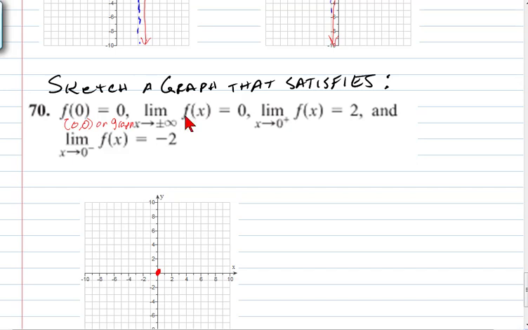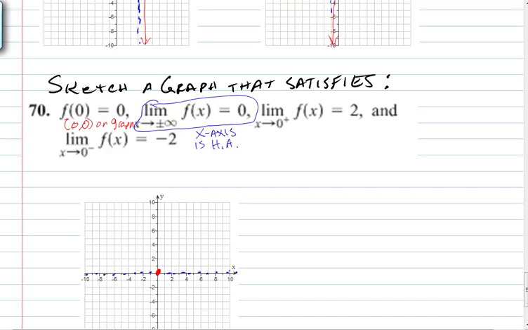I'm also told that the limit as x goes either to infinity or negative infinity is 0. This is my horizontal asymptote. So this part tells me the x-axis is a horizontal asymptote, because that's where y is equal to 0, right? So I'm going to go ahead and sketch in the fact that this is a horizontal asymptote.